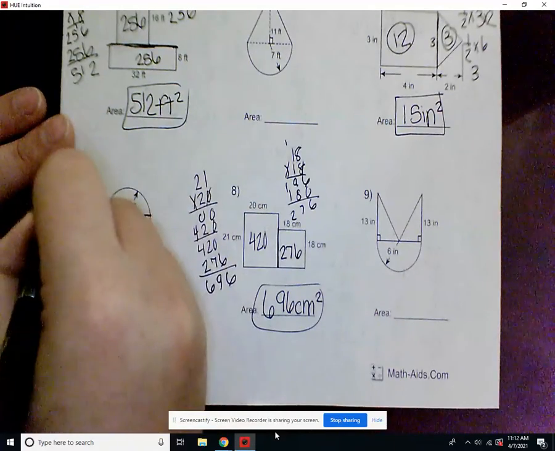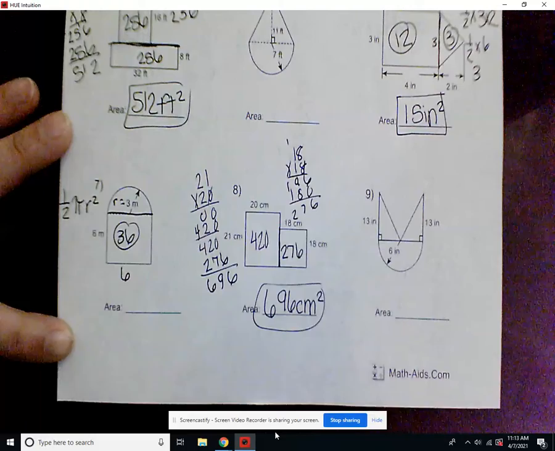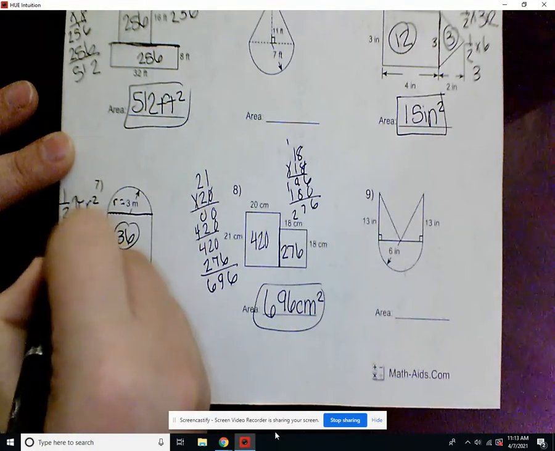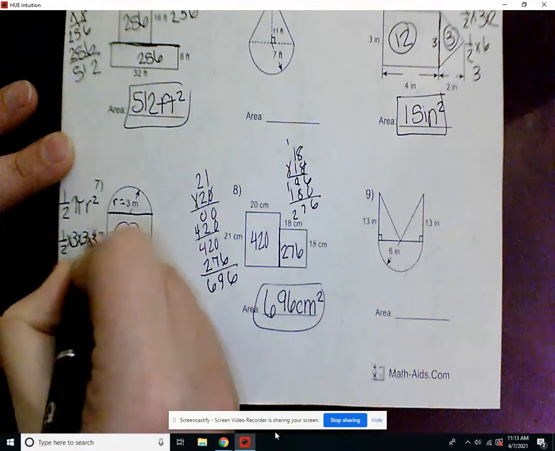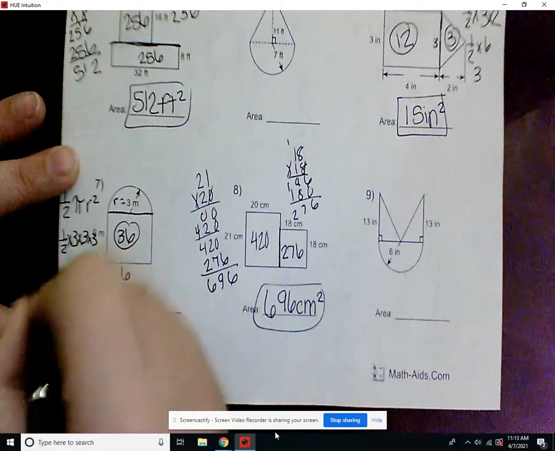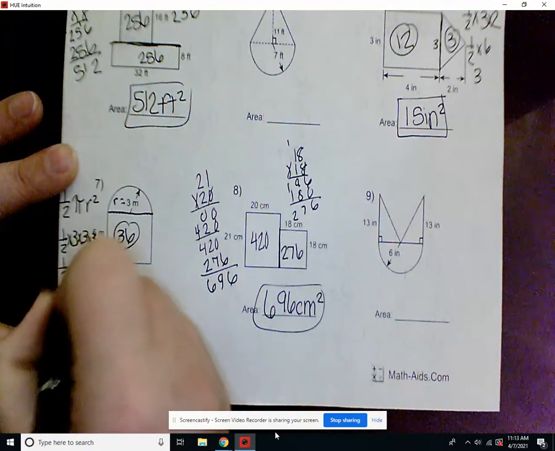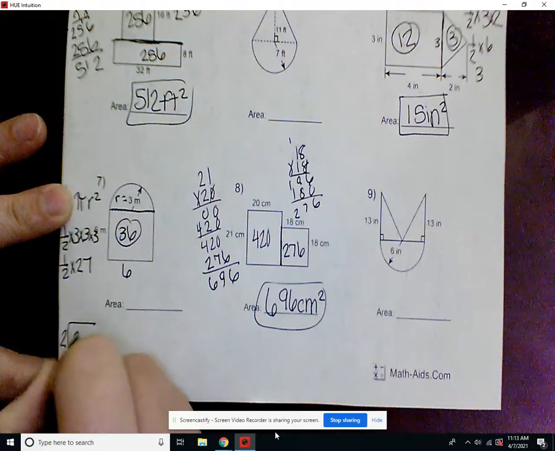So it's a half circle, so we have our 1/2, and then pi r squared. We're going to let pi be 3. Okay, so we have 3. Since it's a radius, we're going to write it down 2 times. Then we're going to multiply. 3 times 3 is 9. 9 times 3 is 27. Then we're going to half 27, so we divide that by 2.